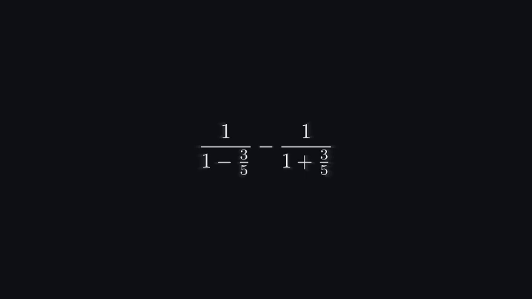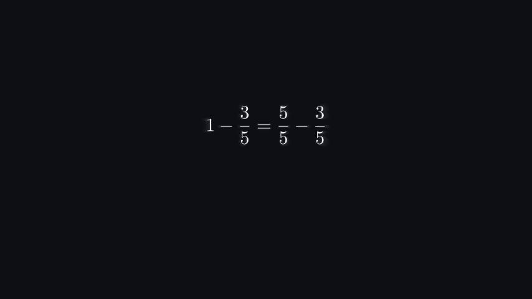This becomes 8 over 5. 1 minus 3 over 5 equals 5 over 5 minus 3 over 5, which is 2 over 5. 1 plus 3 over 5 equals 5 over 5 plus 3 over 5, which is 8 over 5.